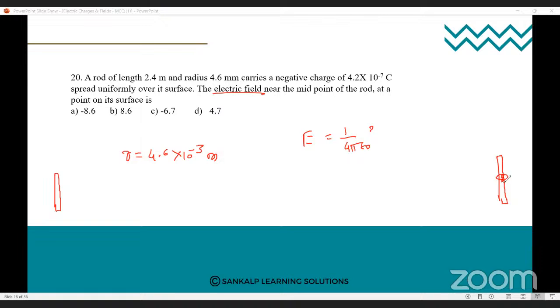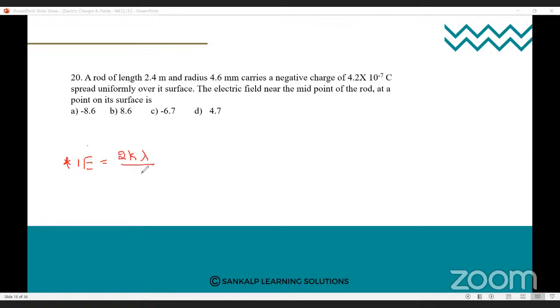So near the midpoint, here we have the formula. This is a star formula. You have to remember this for this type of numericals. In theory we do not learn this formula, but here we are using that. That is 2k into lambda by r into sine of alpha divided by 2.